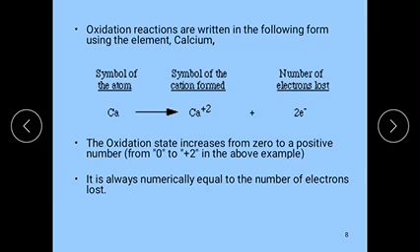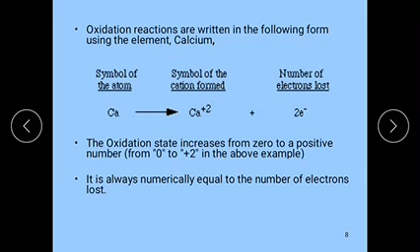For metals, the oxidation state increases from 0 to positive charge, that is 0 to plus 2 in the above example.